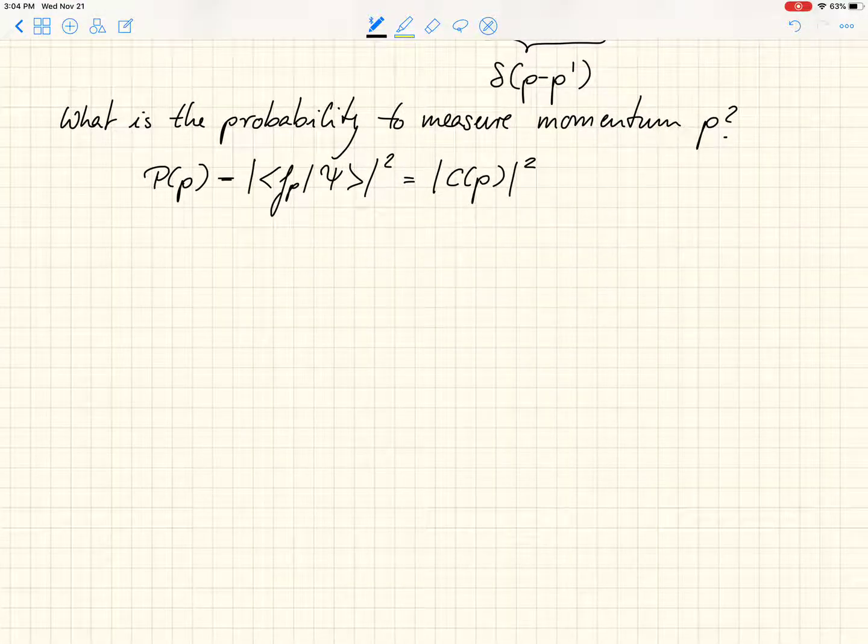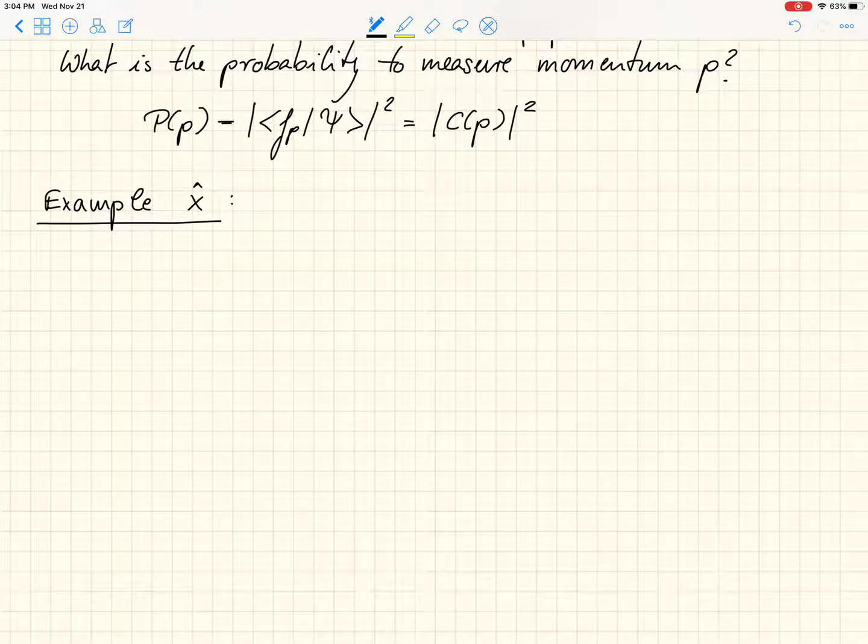The second example is, let's look at the position operator x. Let's see what we get here for the eigenvalues and eigenstates.